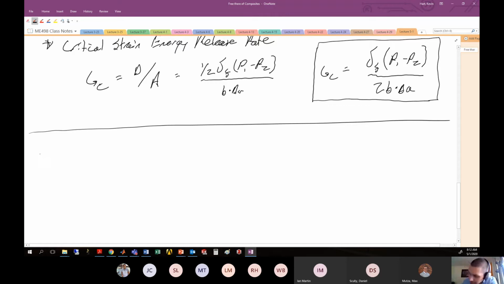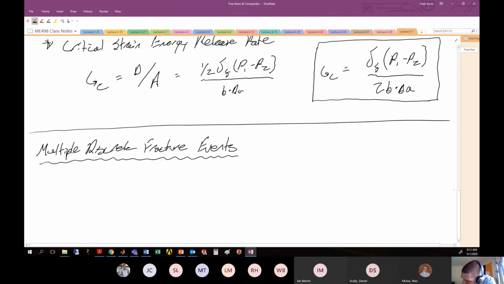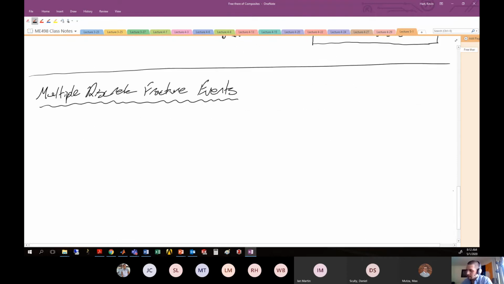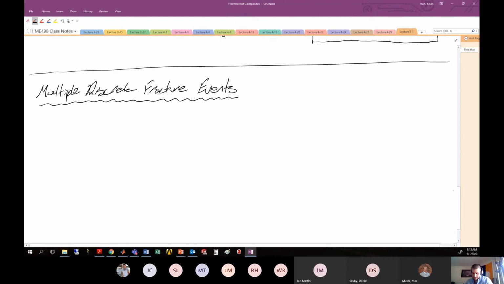So, multiple discrete events. All right. So if you want to run an experiment and get multiple data points, this might be something that you're hoping for, right?